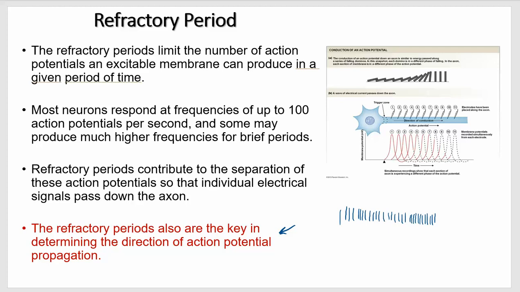Those are limited. So most neurons respond at frequencies of up to 100 action potentials per second. And for brief periods, maybe a little higher, but that's it, and that's because of that refractory period. It's just not constantly always ready to go. It has to pump everything back to where it was.